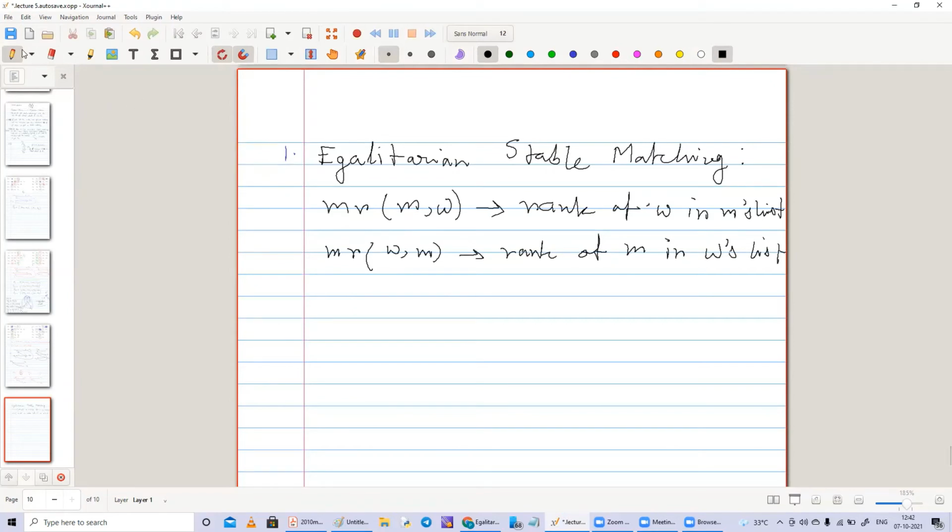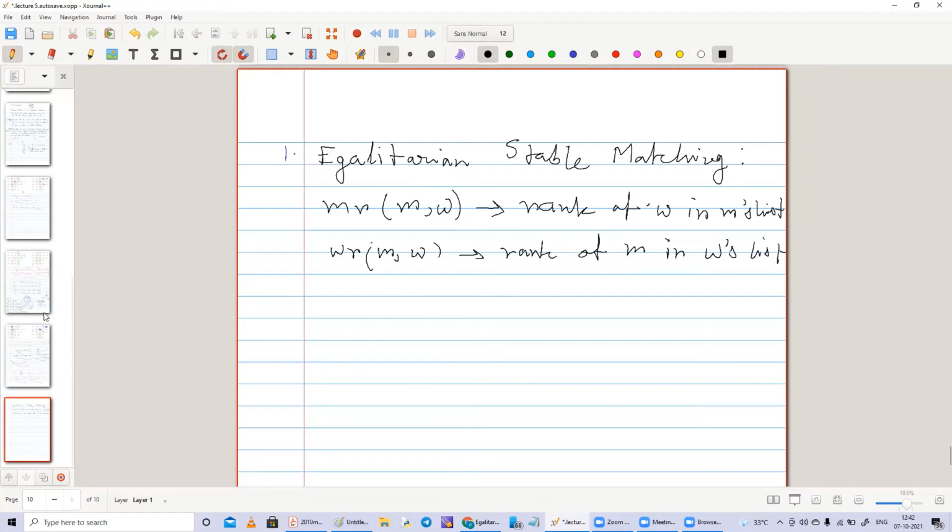So MR of MW is basically the rank of W in M's list, and WR of MW is basically the rank of M in W's list, the opposite thing.